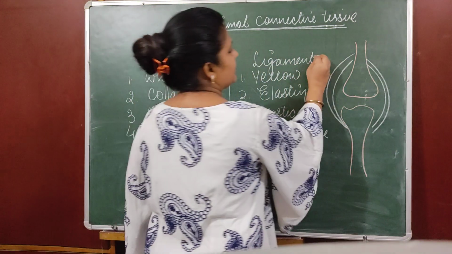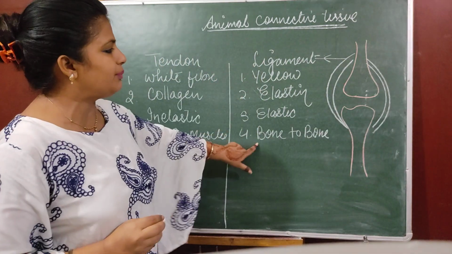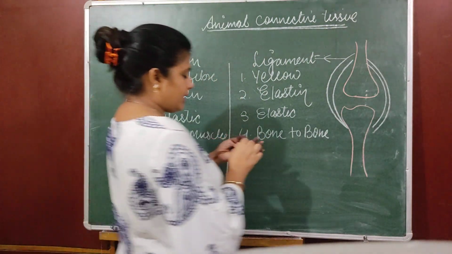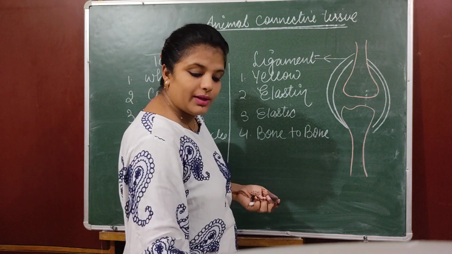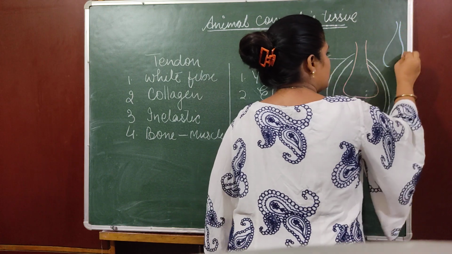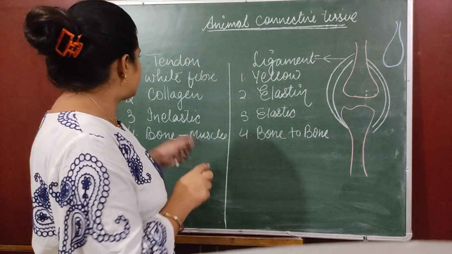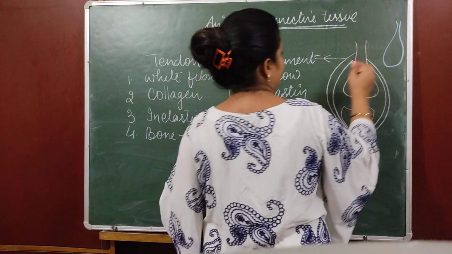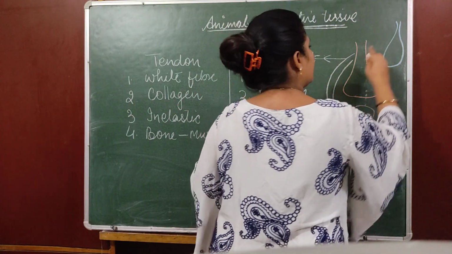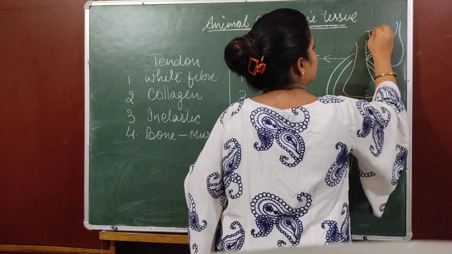So what is ligament? It connects bone to bone. Now suppose we have one muscle also. This is one of the muscles, and when bone connects to muscle, that is with the help of tendon. So they are connected with the help of tendon. These are tendons.